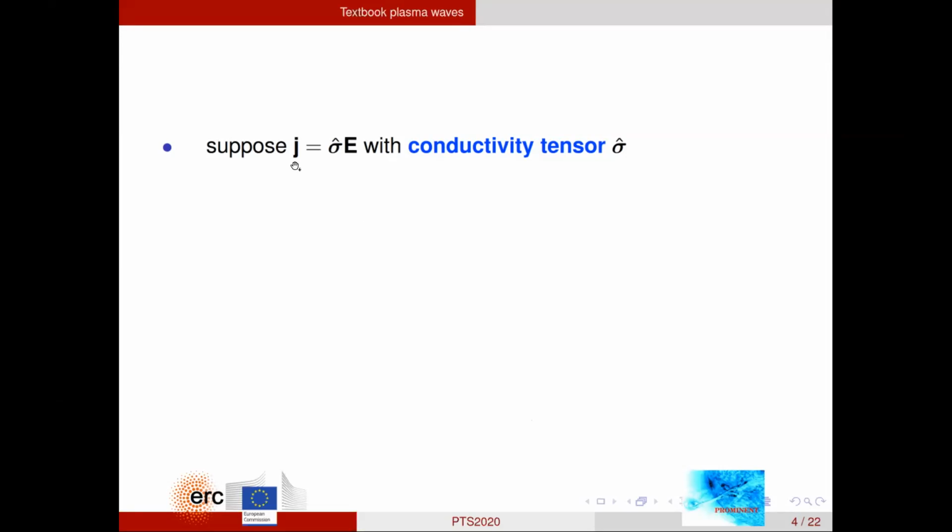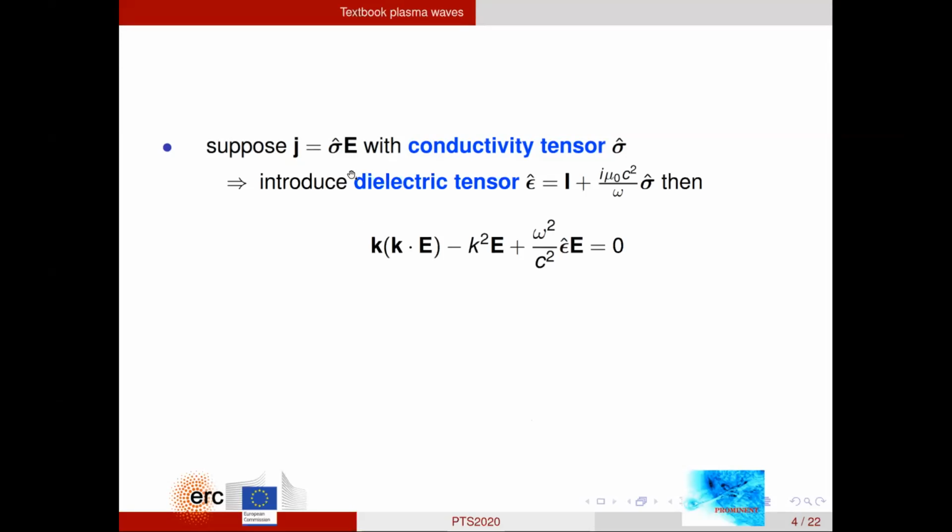So we suppose that the current is proportional to the electric field, introducing the conductivity tensor, or in an analogous way the dielectric tensor, which is related to that conductivity tensor but also involves the frequency itself. Then, with this proportionality using the dielectric tensor, we have what we want: an equation that operates on the perturbed electric field and is formulated as a 3x3 system.